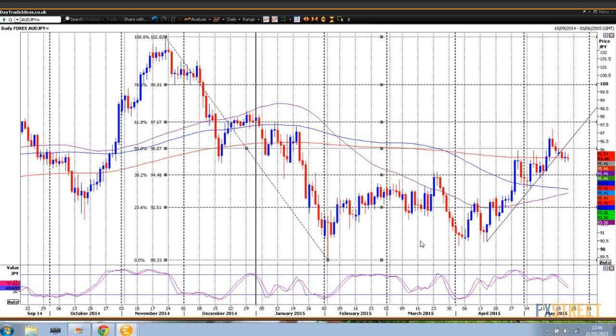Well, we're not really doing an awful lot. Okay, well, we've broken the uptrend. We've broken this 1 month uptrend, that's for sure. The 200-day moving average is kind of acting as support, at least on a closing basis. We haven't really closed below there yet, having broken above it earlier in the month. If we do close below there, that's not going to look too good, is it?